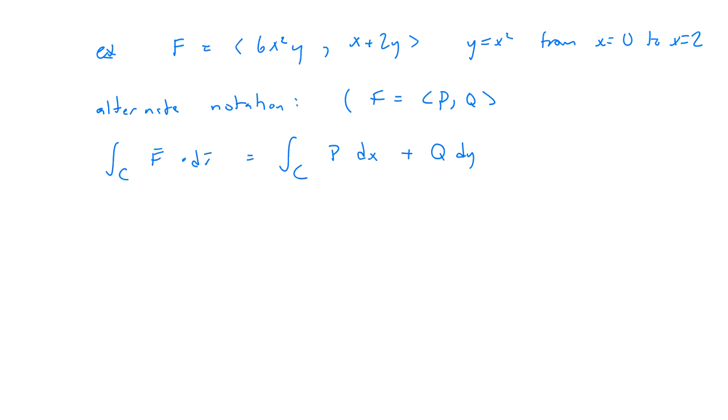So you can see, again, it's sort of a dot product. And you have to notice here that y is equal to x squared, so we do a substitution type thing. Therefore, dy is equal to 2x dx. Therefore, in this particular case, we get the integral from 0 to 2 of 6x squared, oops, the usual substitution.